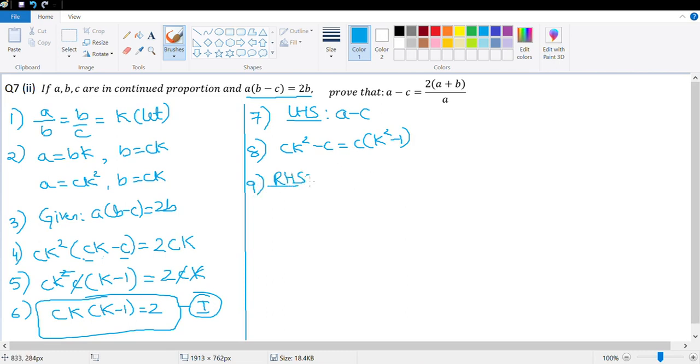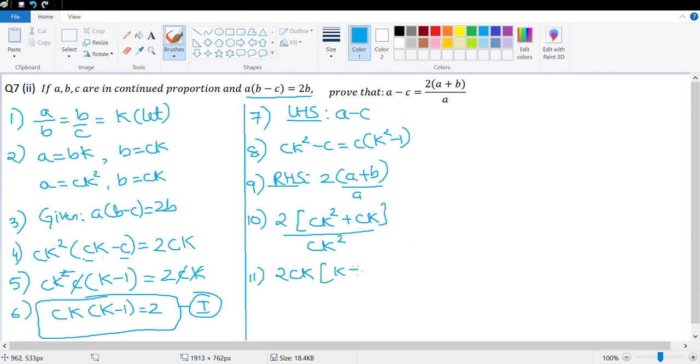So right hand side is 2 times A plus B upon A, which means 2 times A. A is equal to CK square, B is equal to CK, A is equal to CK square. Between CK square and CK, CK is common. So let me take out CK common. So this is 2 times CK and what remains is K plus 1.